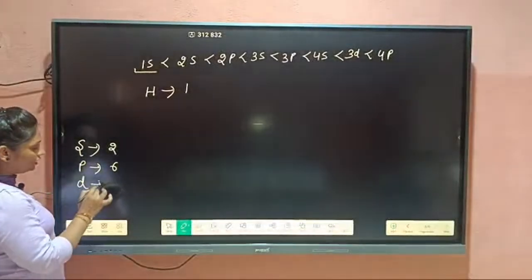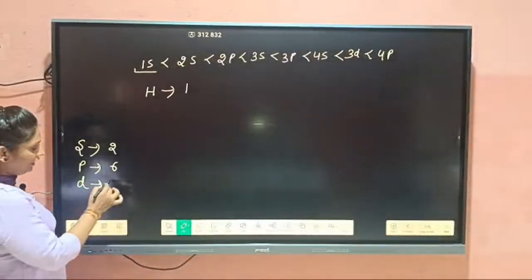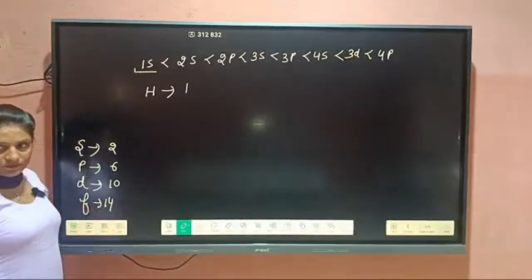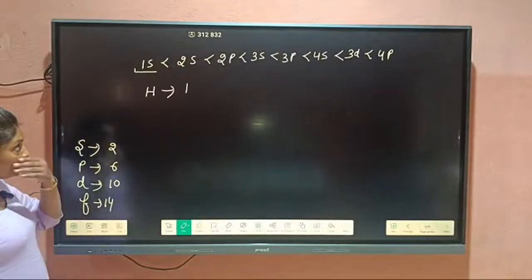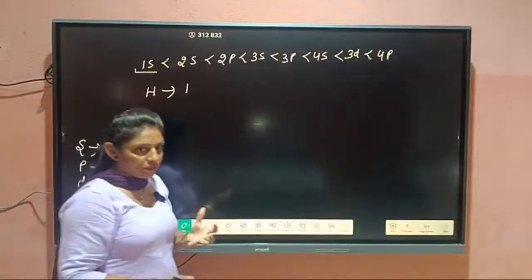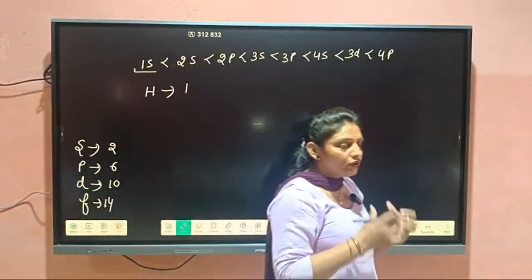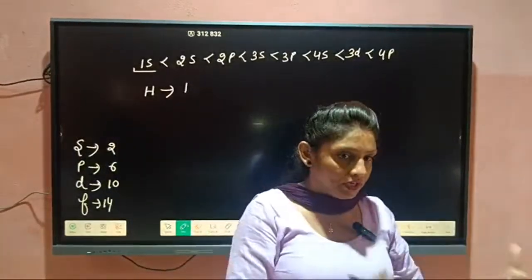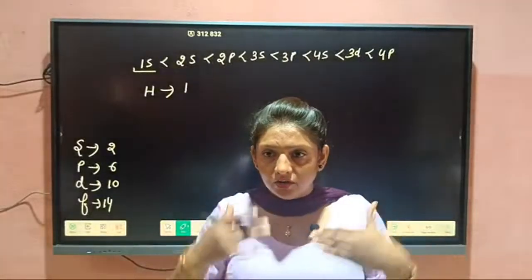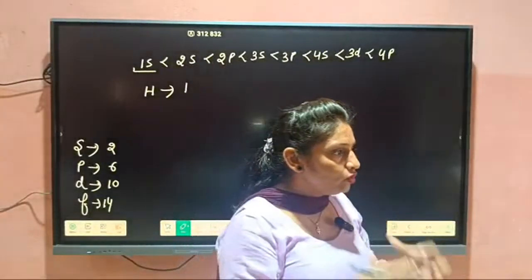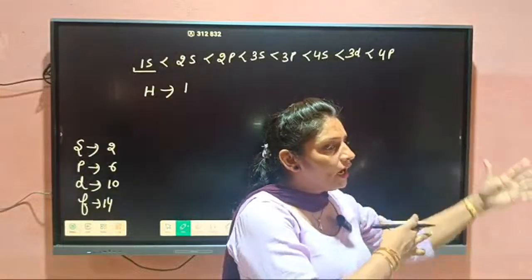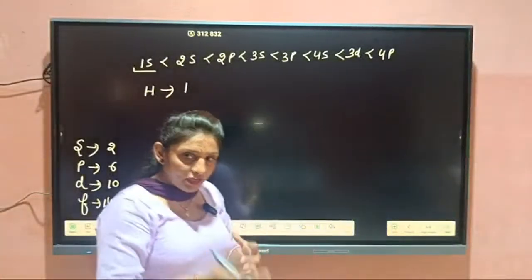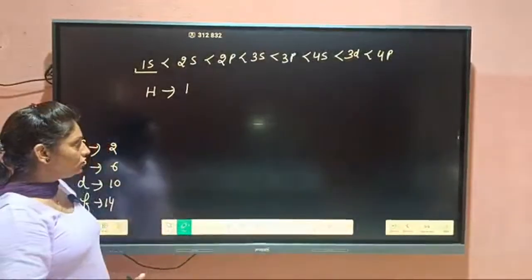In case of d we can fill maximum 10, in case of f 14. Okay, so according to Aufbau principle, first of all we will fill orbital of lower energy level completely, then we will move to orbital of the higher energy level. Clear or not?